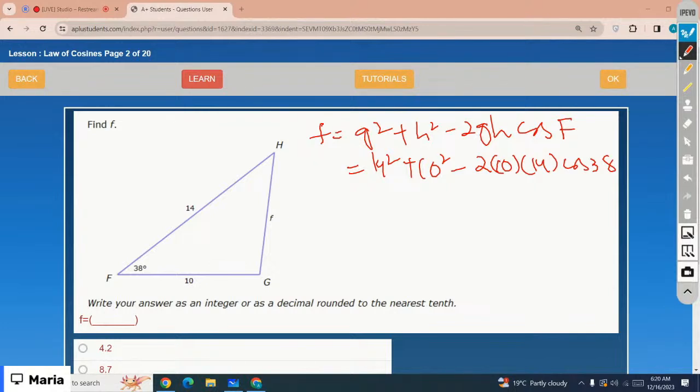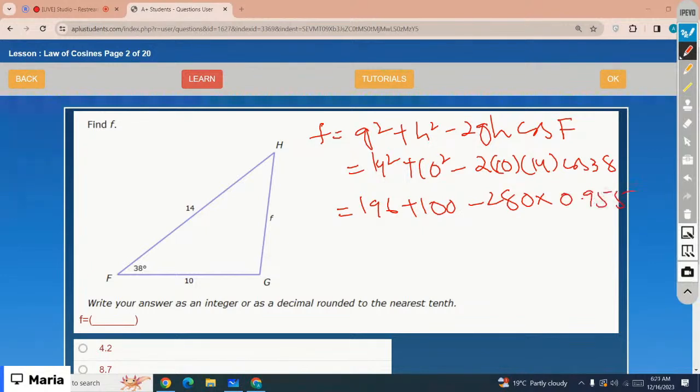Okay, let me just do the calculations. 14 square is 196 plus 100, and 14 times 10 times 2 is 280, and cos 38 is 0.955, right?